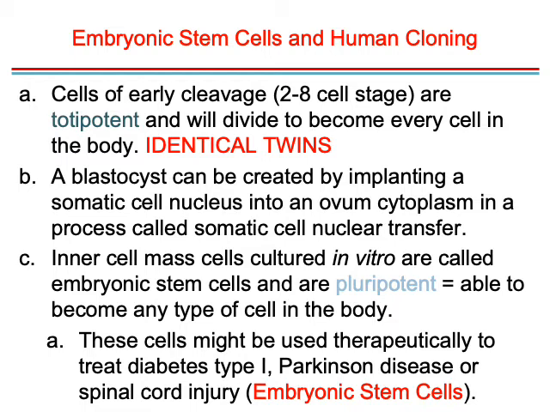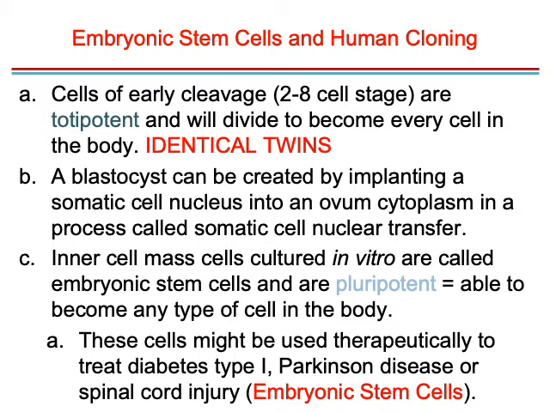You put the other body cell, known as a somatic cell, into the cytoplasm of the egg, and you let the processes and the influences of that cytoplasm, plus a few drugs you add, convert that adult nucleus now into a fertilized egg nucleus.